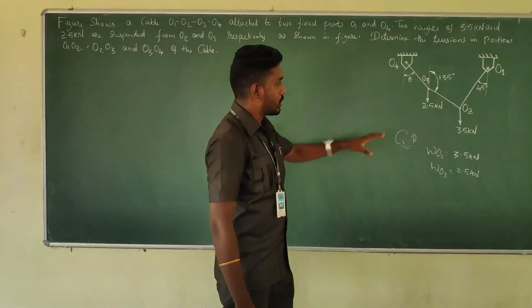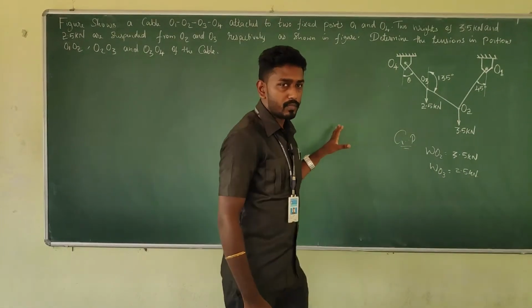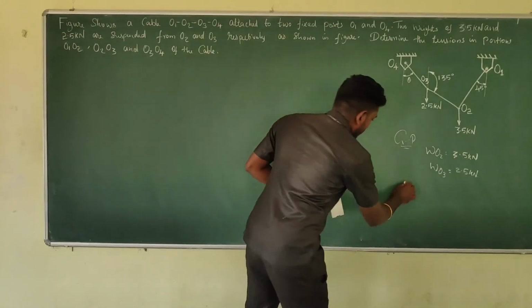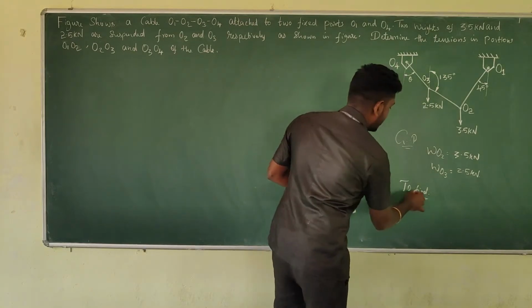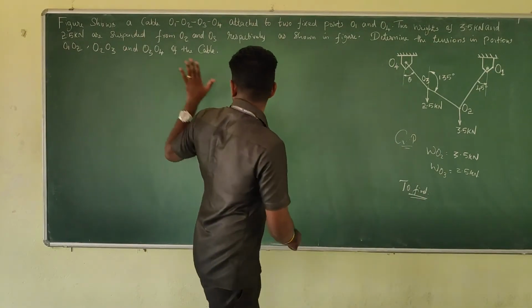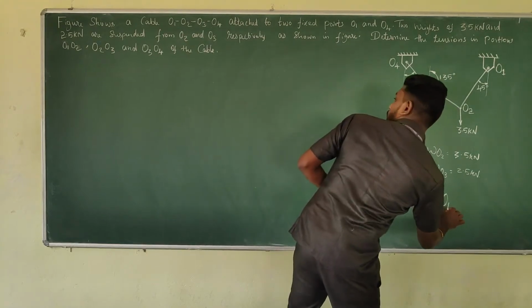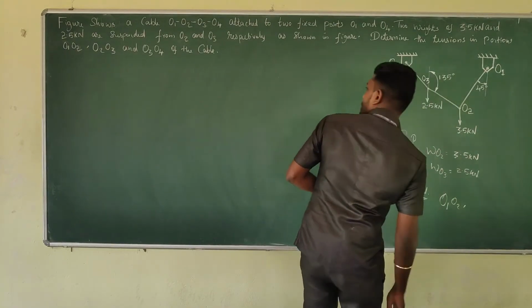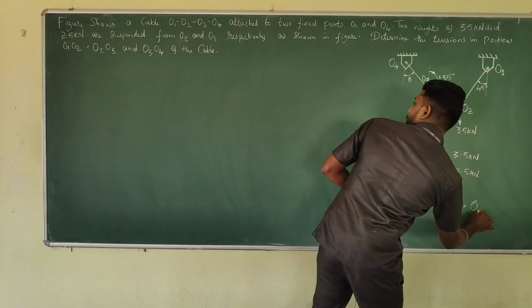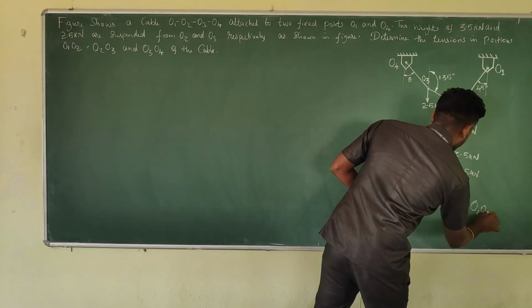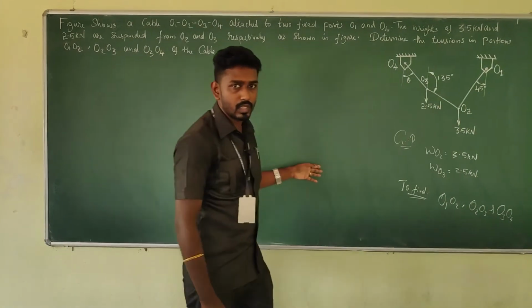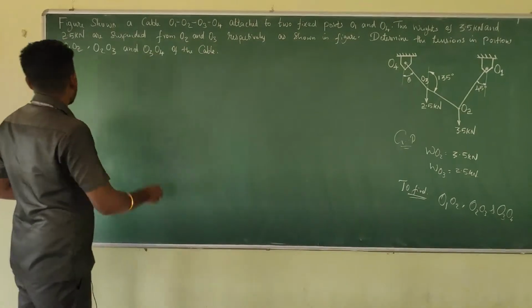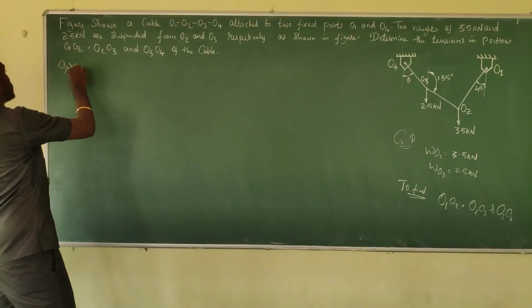Some of the angles are provided. To find the tension in the cable, it is represented O1O2 cable, the tension in the O2O3 cable, and the tension in the O3O4 cable, right? So let us get into the solution part.